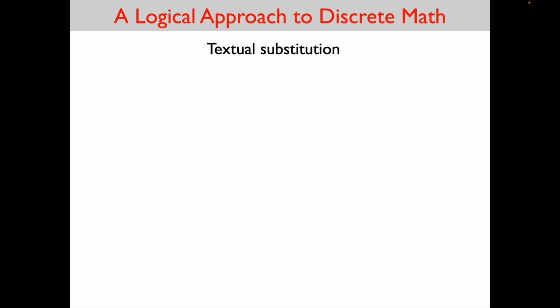Now when students first learn how to do proofs using this calculation logic, there are some common pitfalls that arise when you use textual substitution. And so here I've categorized some common mistakes. So what is textual substitution? In general, capital E is an expression, and inside the textual substitution square brackets, we have a variable that is replaced by an expression.